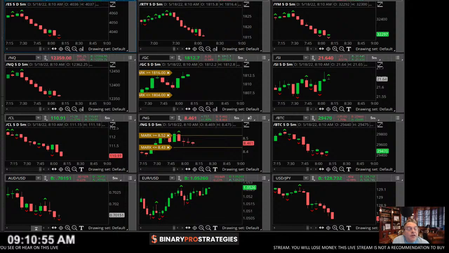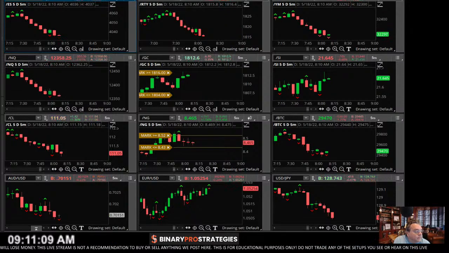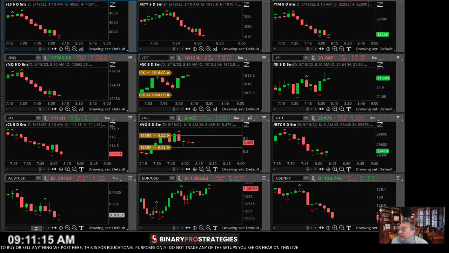Once again, target on gas is going to be 842. Nothing going on the indices, nothing going on silver. Crude just hit target. Possible short coming up on the Aussie US. We'll keep an eye on that.